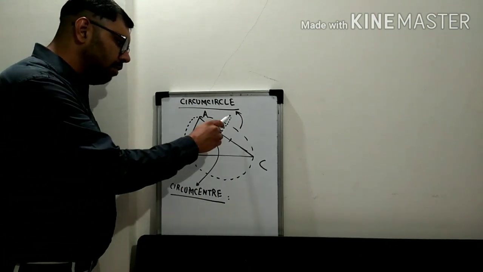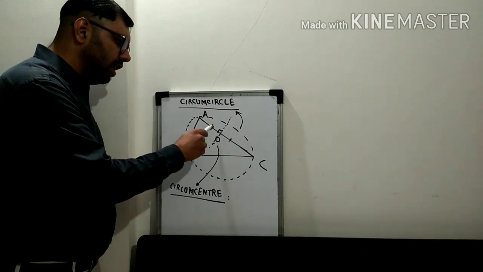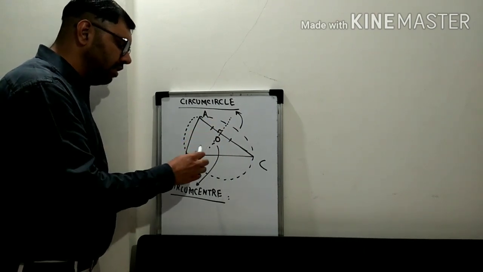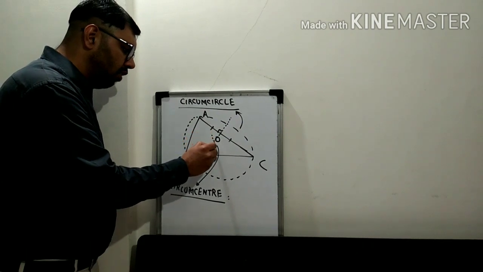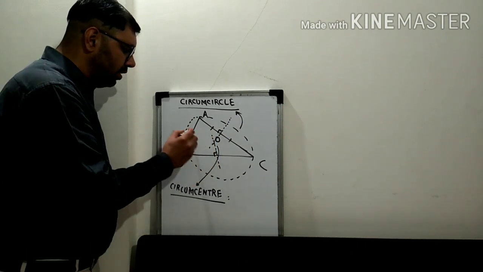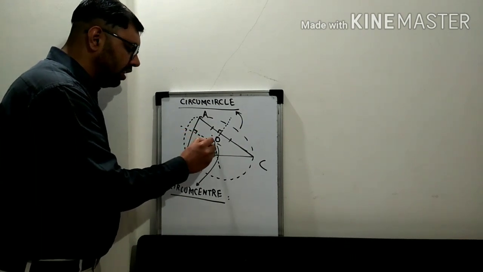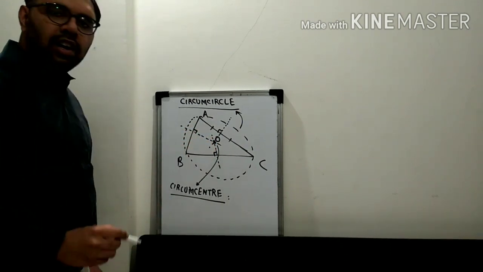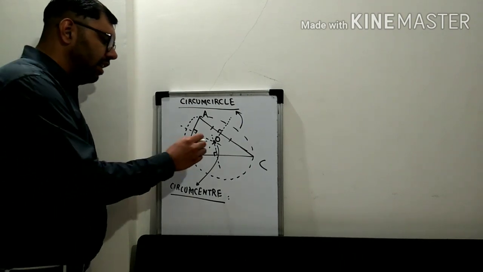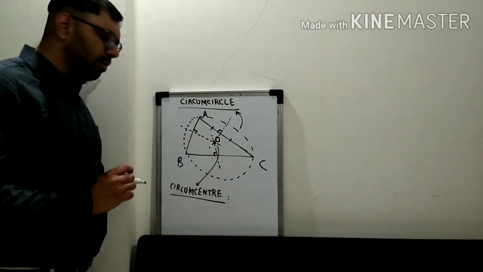In this case, if I am drawing this line, this is perpendicular to AC and passing through the midpoint, so this is the perpendicular bisector for AC. Similarly, if I draw the perpendicular bisector for BC, and for AB, these three perpendicular bisectors are concurrent for any triangle, and their point of concurrency is called the circumcenter.